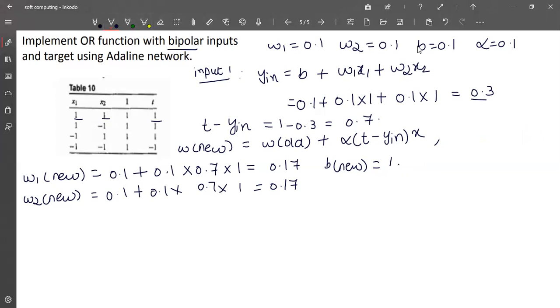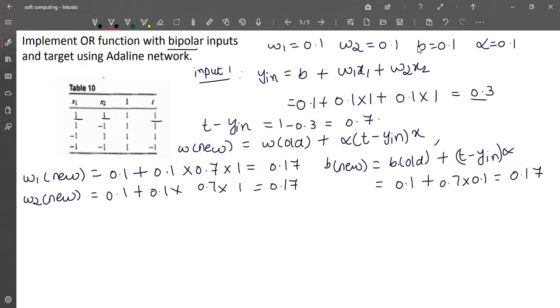So new bias value is old bias value plus t minus y into alpha. So old bias value is 0.1 plus t minus y 0.7 into 0.1. So this we will be getting 0.17.